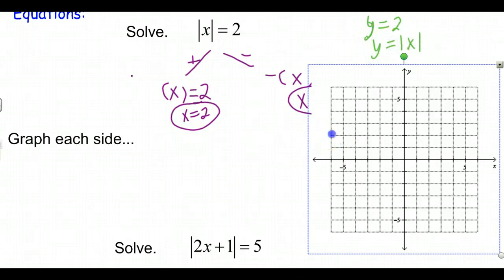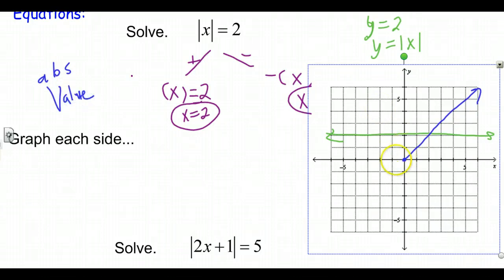The y equals 2 is a horizontal line. The absolute value of x has a vertex at 0, 0, and it goes up and to the right at a slope of 1, and then it looks like a V, absolute value.